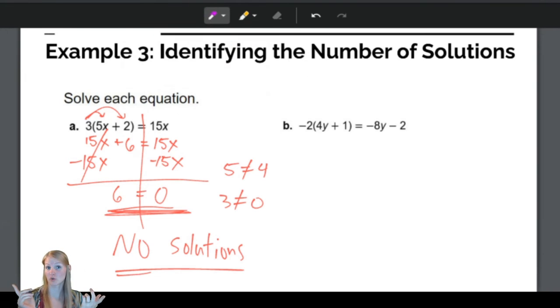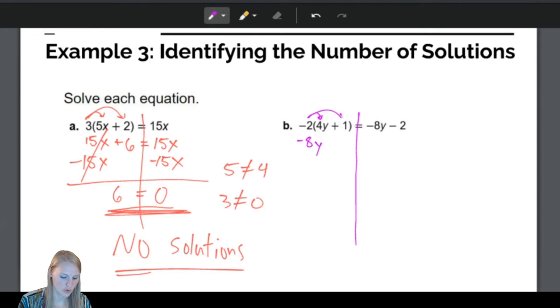All right, remember distribution first. I'm going to do my distribution rainbows first. So there's my line. And negative 2 times 4y is negative 8y. Negative 2 times positive 1 is negative 2. And this equals negative 8y minus 2. Now pause. I mean, don't pause the video, but pause us solving the equation.